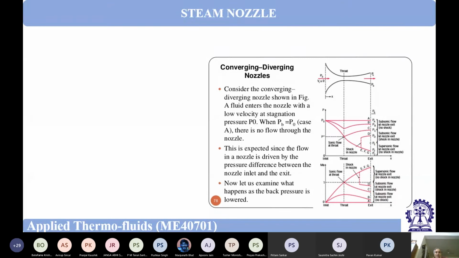So if necessary, please read it from any standard book of fluid mechanics. Any standard book of fluid mechanics will have this. I have just initiated, but you can read it from any standard book. Let me teach a little bit more, then we have certain discussion.